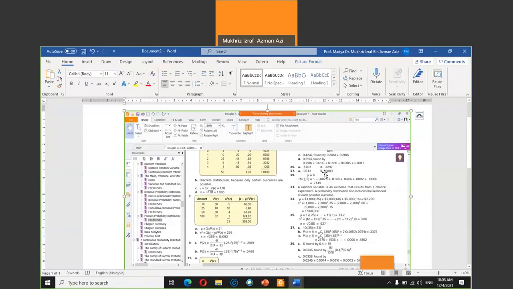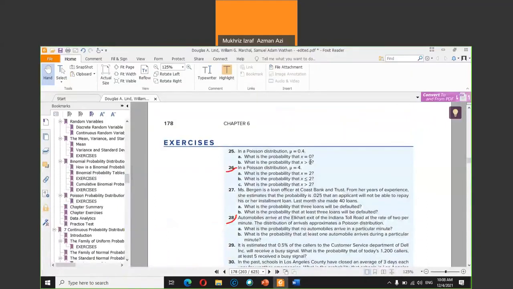B is 0.3297. So the question asks you to calculate P(X > 0). Meaning 0 is not included, correct? X more than 0 means greater than 0, so 1 and above.